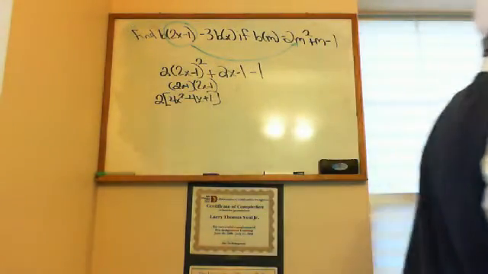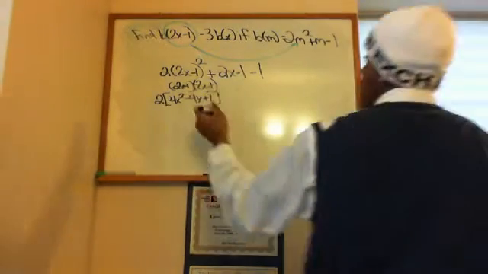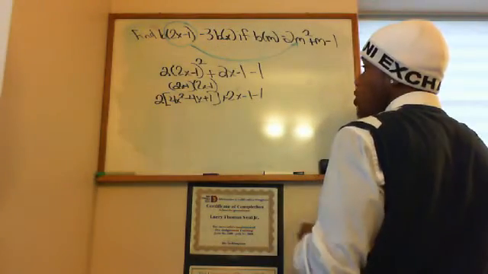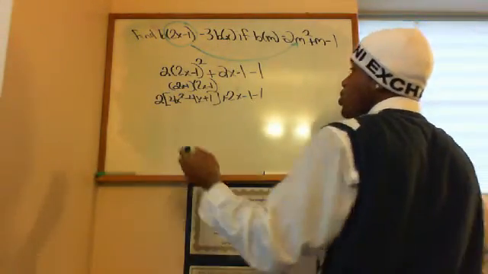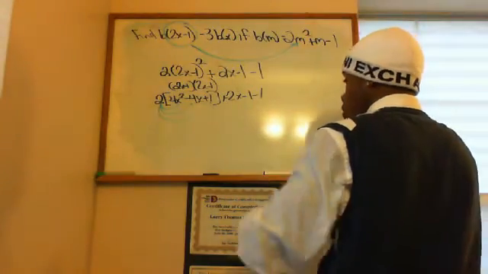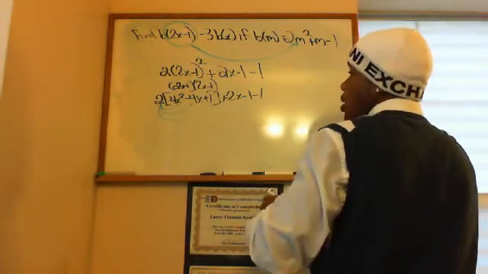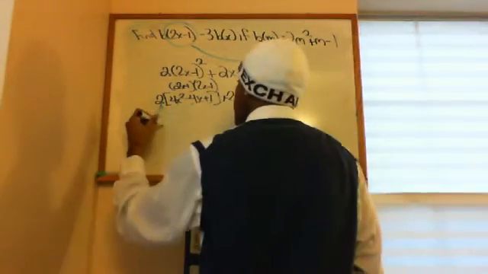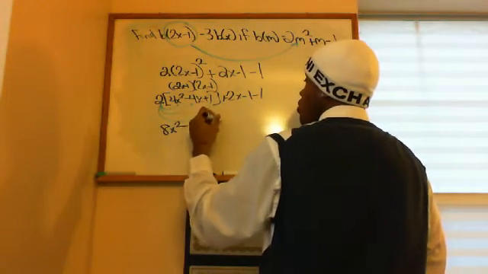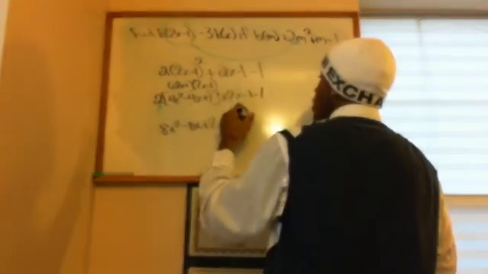Yes, that's what I got. Then we need plus 2x minus 1 minus 1. Now I distribute all of these together. 2 times 4 is 8, so 8x squared minus 2 times 4, which is 8x, plus 2, plus 2x minus 1 minus 1.